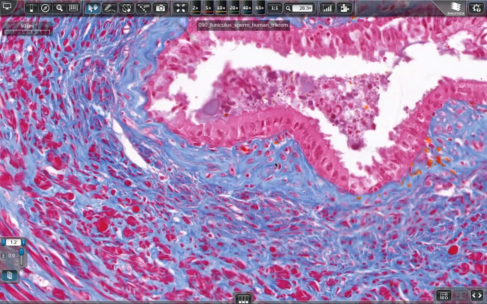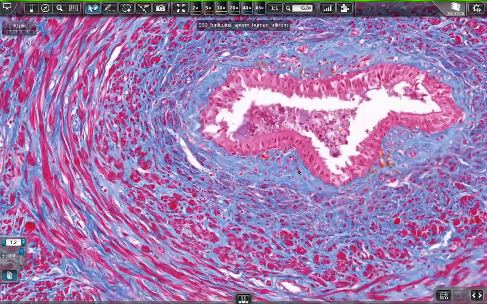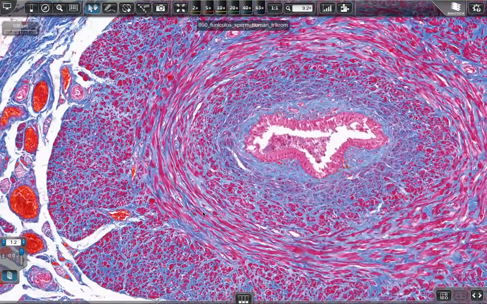Just a few cellular elements, connective tissue elements we have. And then just look at that. This area here, that's the muscularis externa.